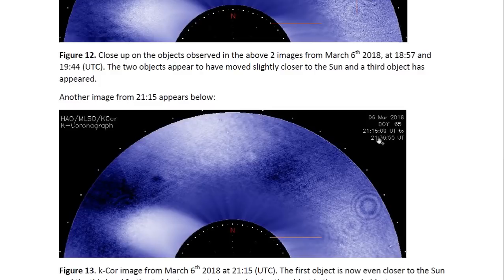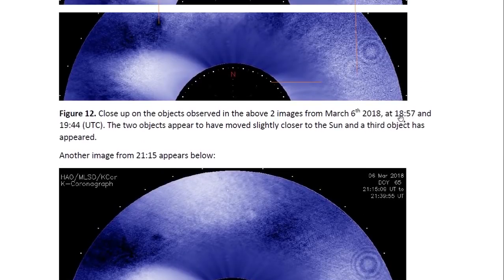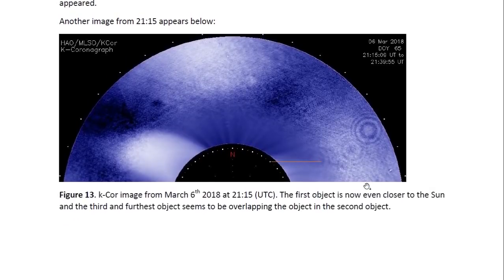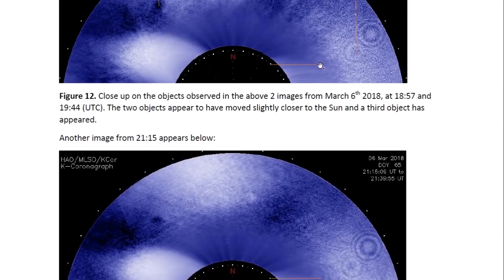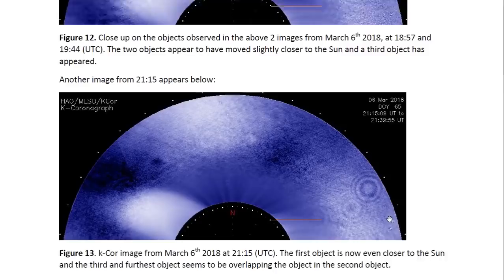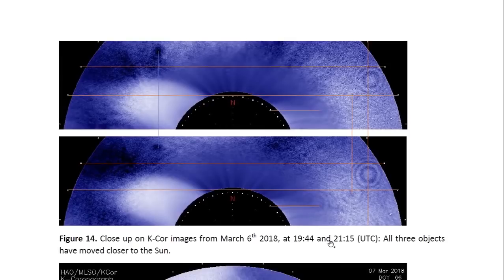Then this image is from 2139, so a bit later than this last image from 1944. And this object seems to have moved closer to the sun, definitely, even closer than it was there. So it seems to be moving towards the sun.